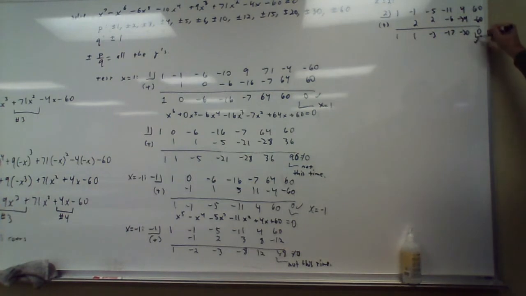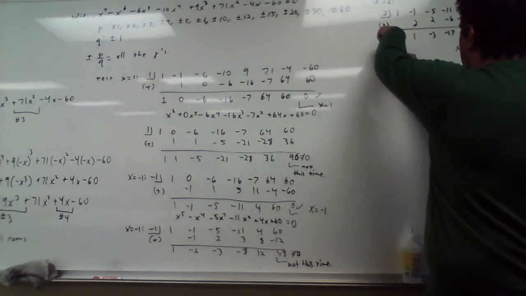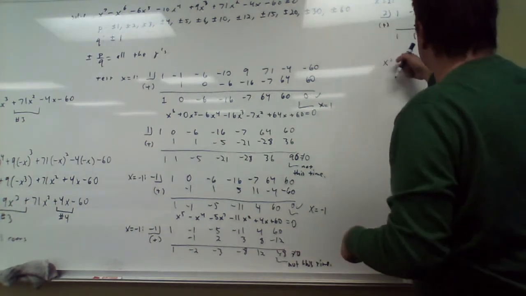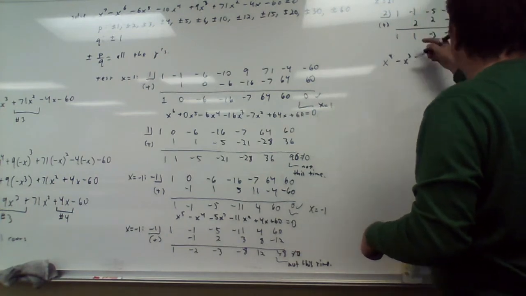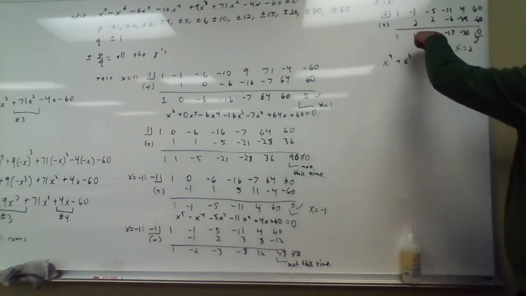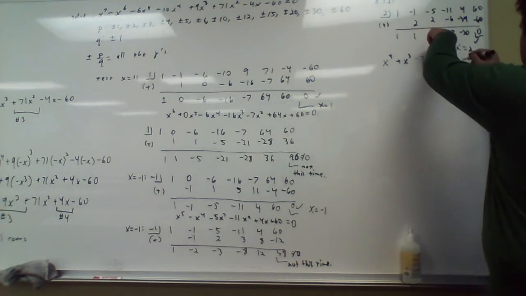Okay? That's what we need. So x equals 2. And I have x cubed, or I'm sorry, x to the 4th, minus x cubed, or plus x cubed, minus 3x squared, minus 17x, minus 30 equals 0.